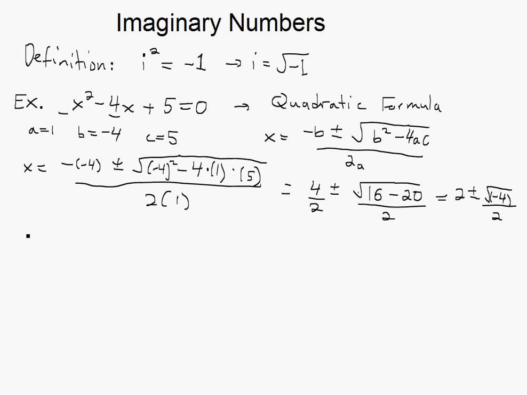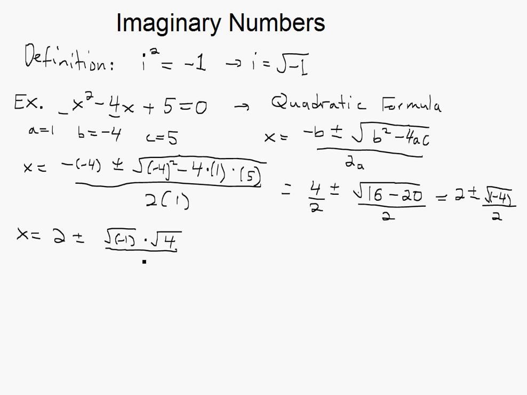So if we write it further, we could simplify it to 2 plus or minus the square root of -1 times the square root of 4, all divided by 2. We could do that just by taking the -1 out.